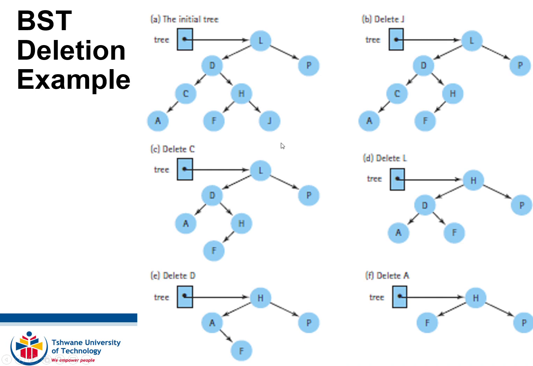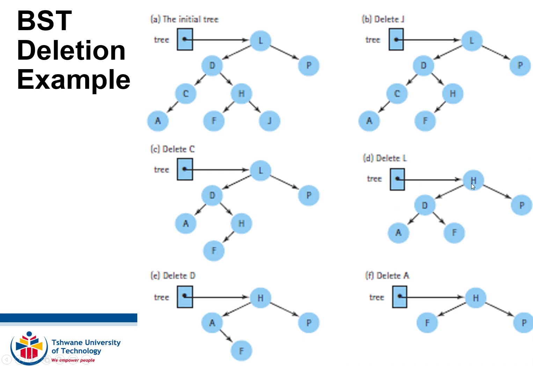Now, to delete L, the principle that I've just explained applies. You either have to replace L by the highest child of the left subtree, which will be H, or the smallest child of the right subtree, which, because there's only P, would then be P. Okay? So in this particular case, when we delete L, we decided to use the left subtree, and therefore H went up.